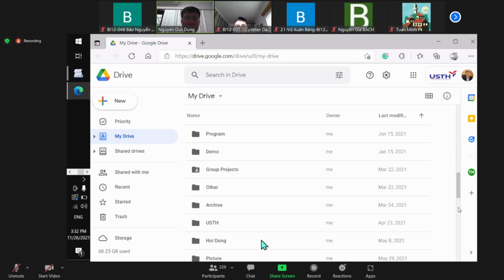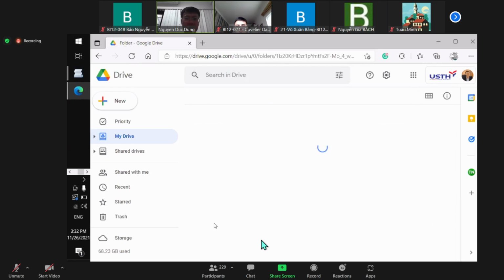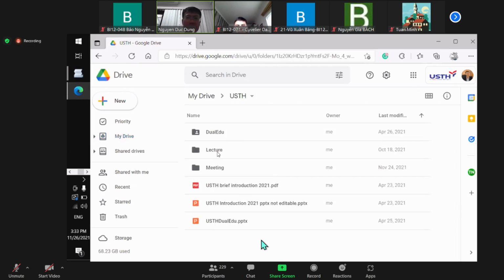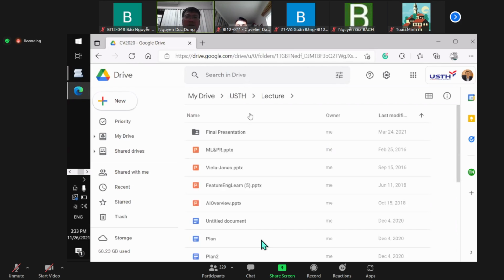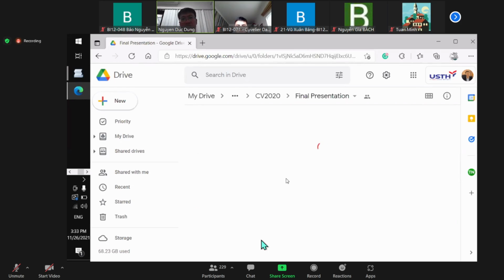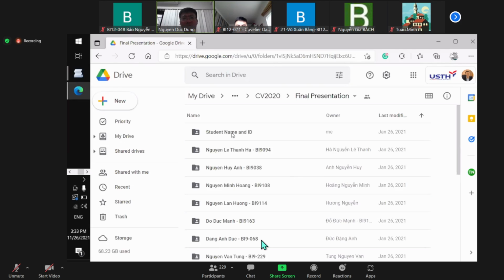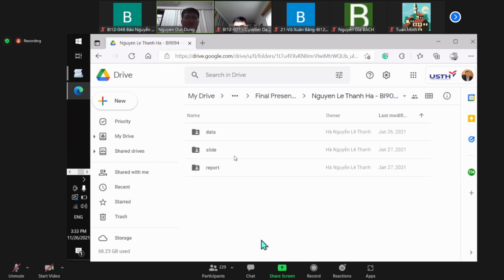For example, in that case, in lectures, you could share here, in this case, this computer vision course. I asked the student to do the project, write the report, upload the slides, and share the data for her project.